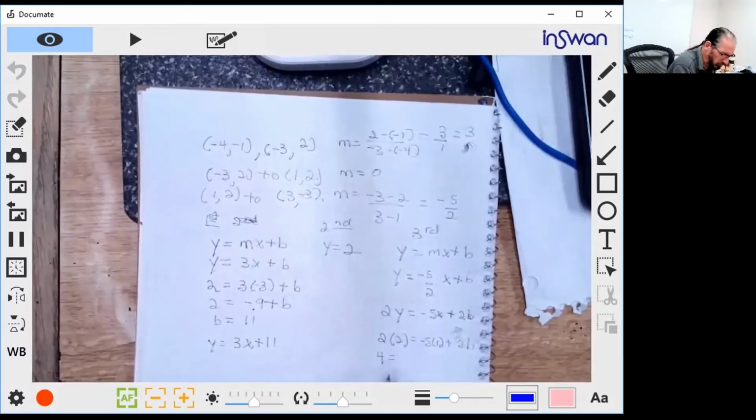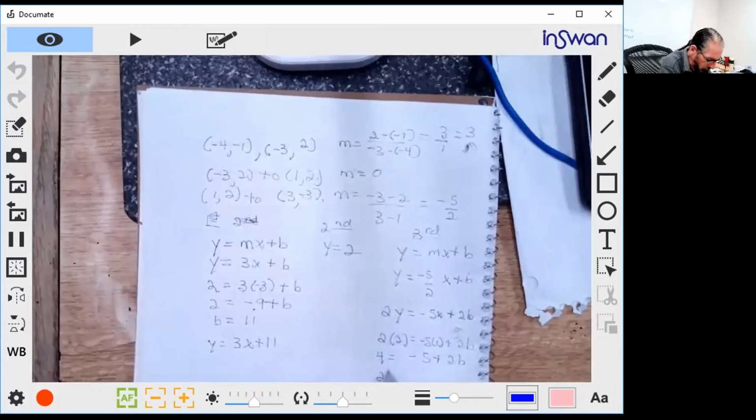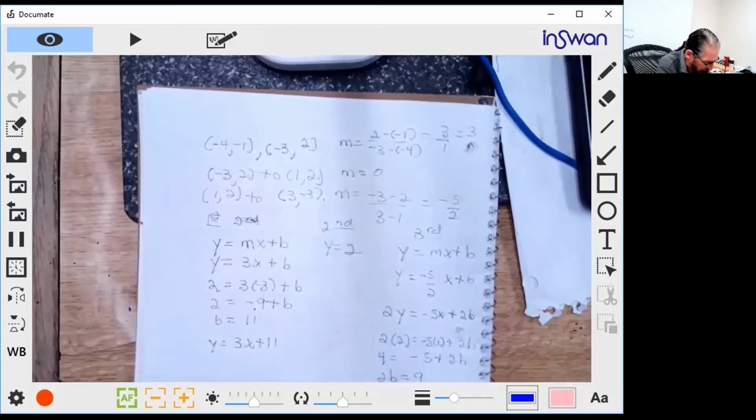Four equals -5 plus 2b. So 2b equals 9. B is 9/2, i.e. 4.5.